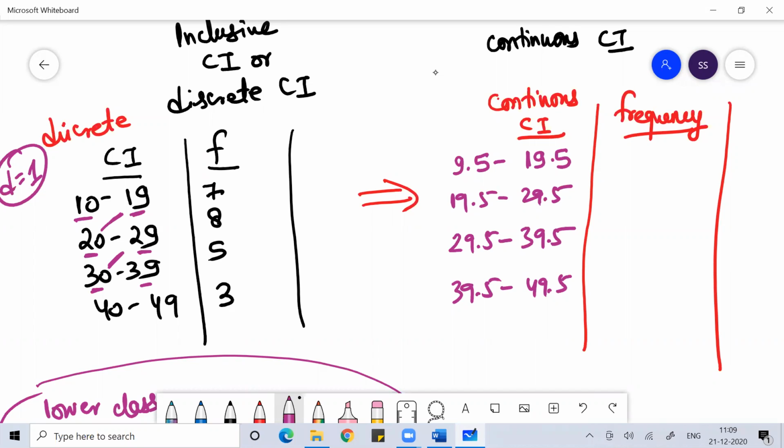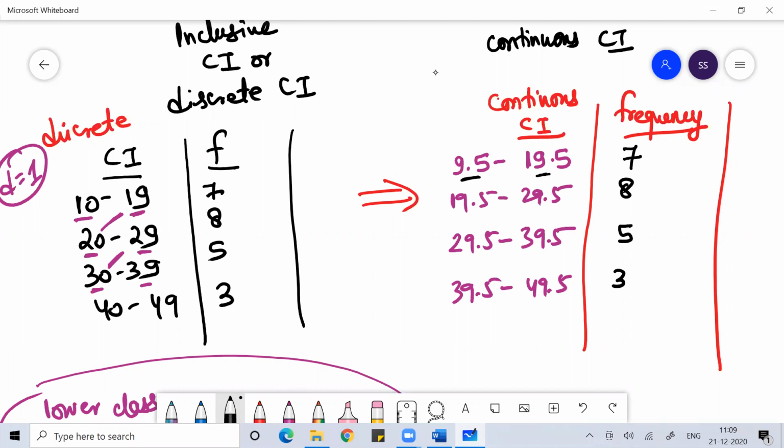This would be your class interval. In the case of continuous class interval, we call this the lower class boundary or lower class limit, and this the upper class boundary or upper class limit. The frequencies are 7, 8, 5, 3.